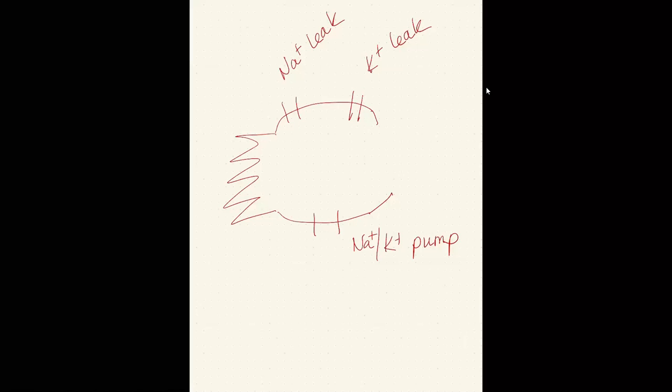Let me change colors here. So here's the dendrites, and here's the cell body. Here's the sodium potassium pump, and then these are leak channels.